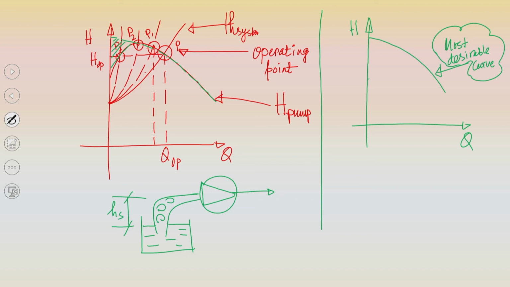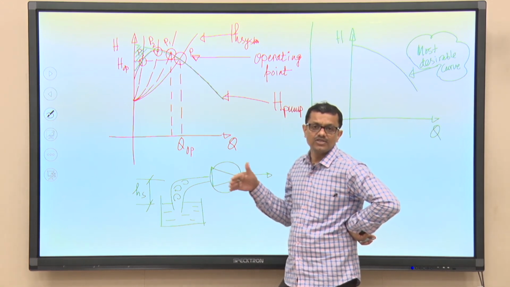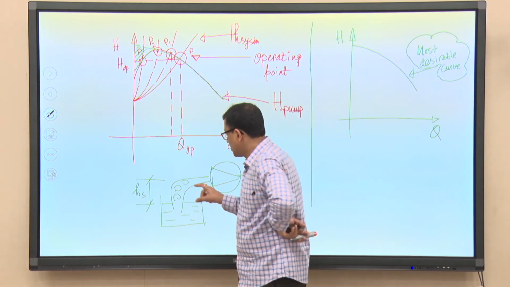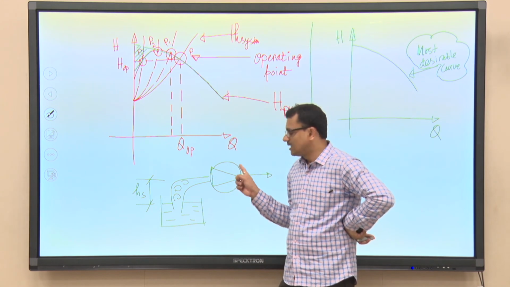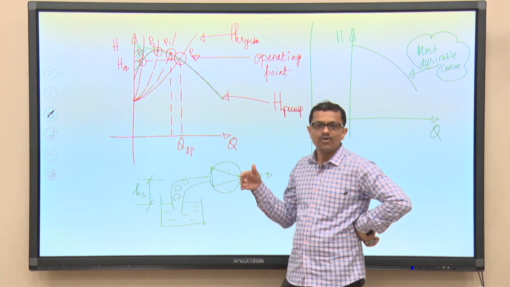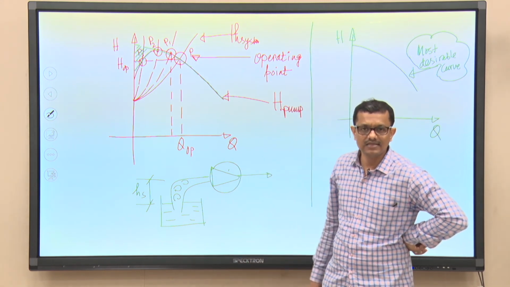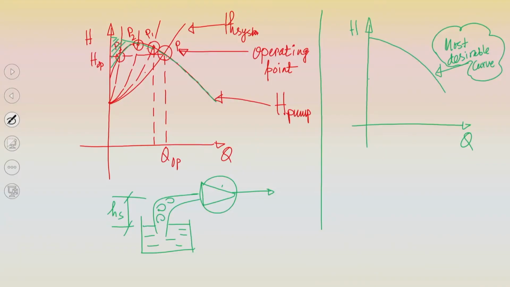In this case again I am telling, until and unless liquid reaches the inlet to the pump, there is no energy addition. Try to understand. The pump is taking water from this reservoir, and in the pump itself, whether it is driven by an electric motor or by a diesel engine, the energy addition takes place.